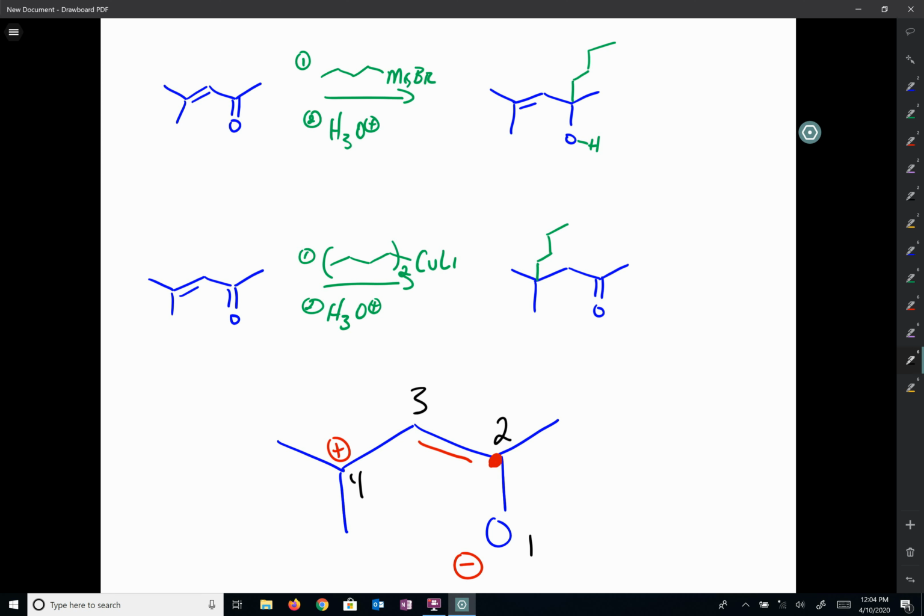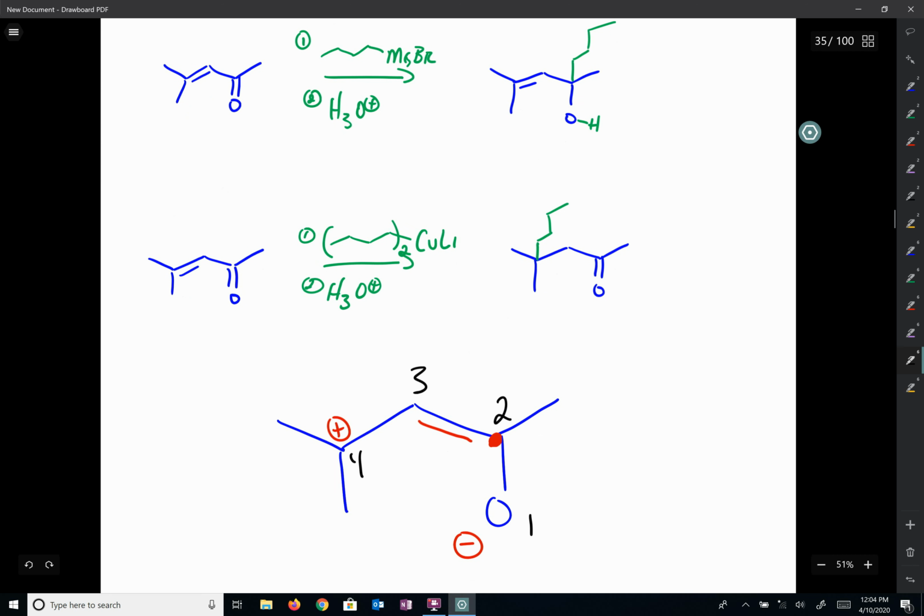You'll talk about hard, soft, acid, base theory, right? Not every negative is as negative, right? And we already know that. So depending on how negative something is, we can make it attached to the 4 position or the 2 position. And in both cases, that can be useful, right? It just depends on what product you want to make, okay?